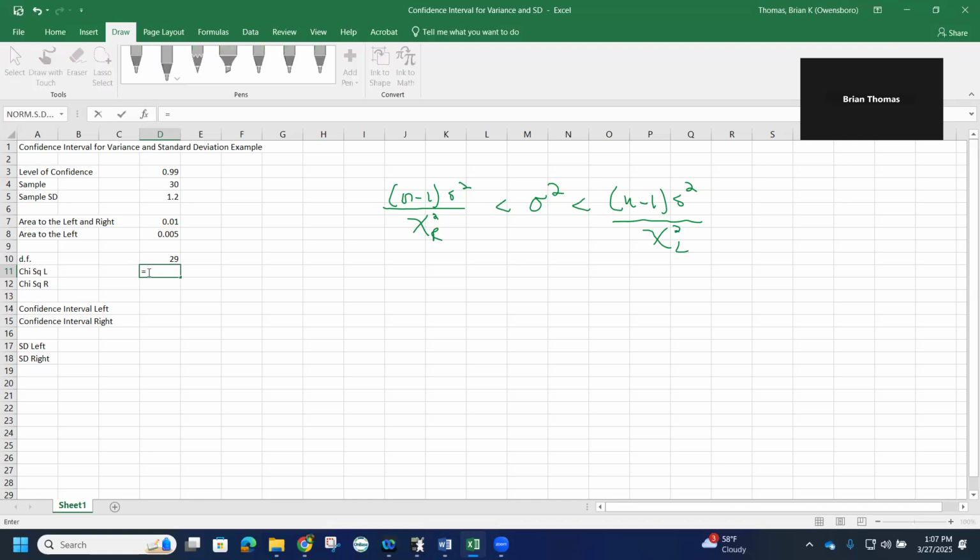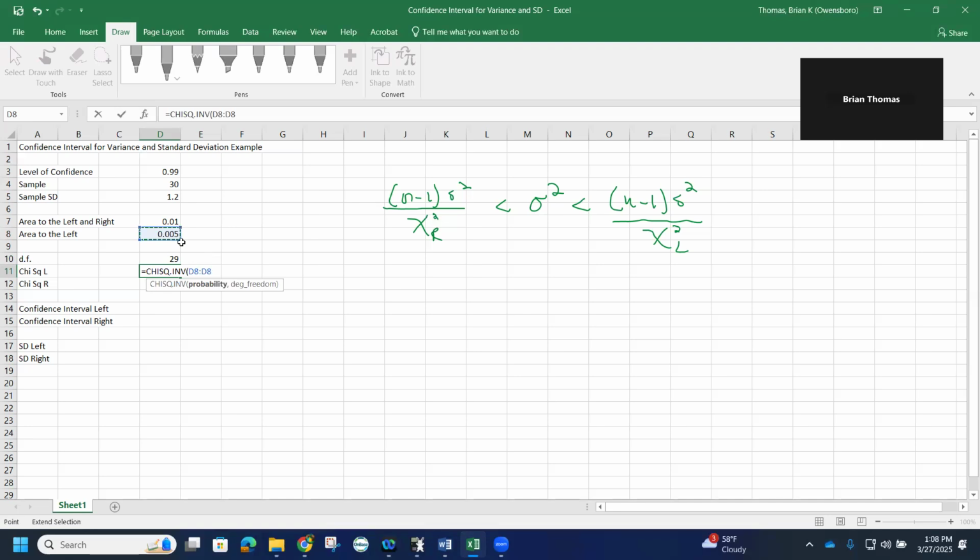If I hit equals and start typing chi, notice how to get the actual critical value for L, what we use is this chi-squared inverse. Chi-squared inverse will give us the chi-squared L. What it needs to know is the probability to the left. So it needs this 0.05 here. This goes in, that's the probability.